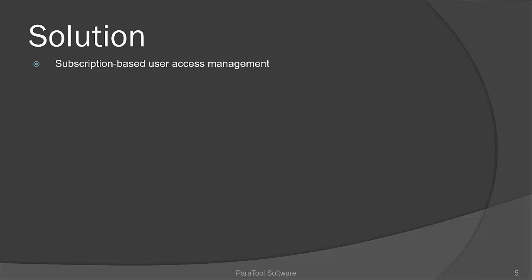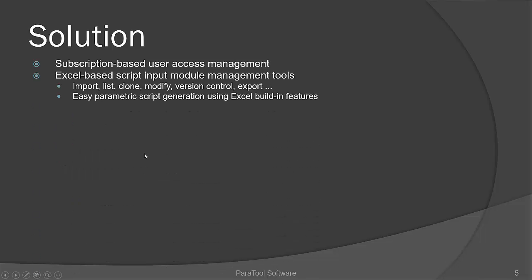In other words, each user will target a package of apps that they are authorized to use, and for the Excel-based input module, there's a host of tools that allow users to import, list, clone, modify, version control, and export all these modules into Adina script that Adina software can directly interact with.